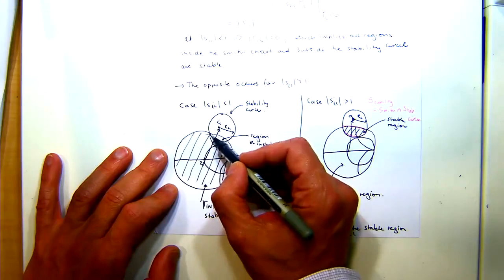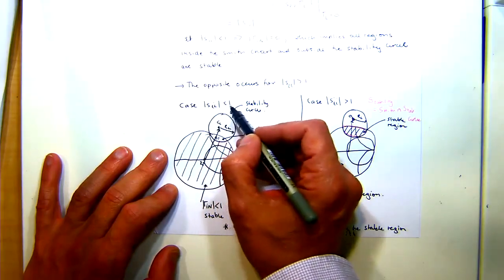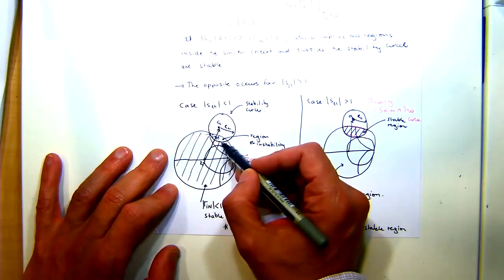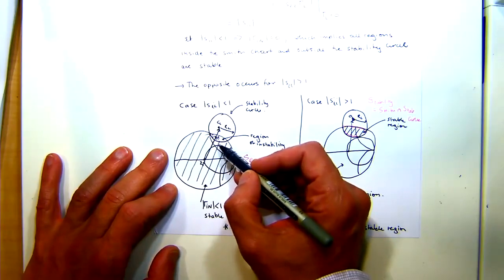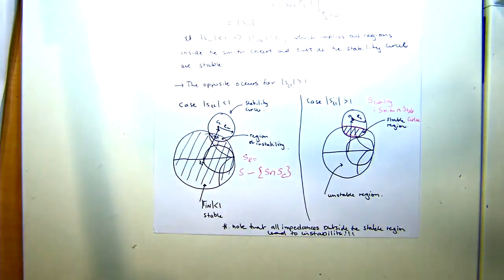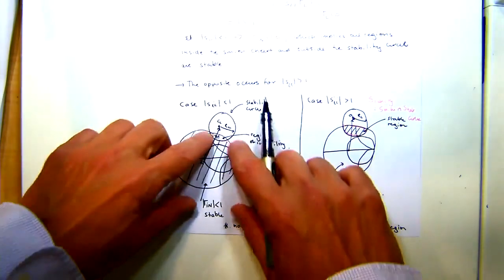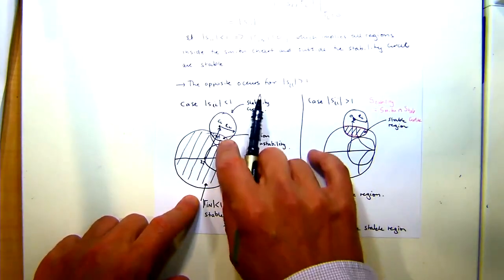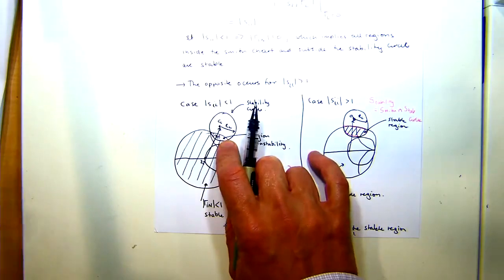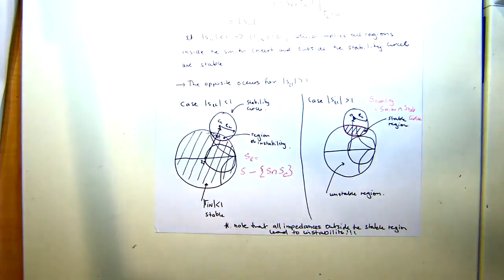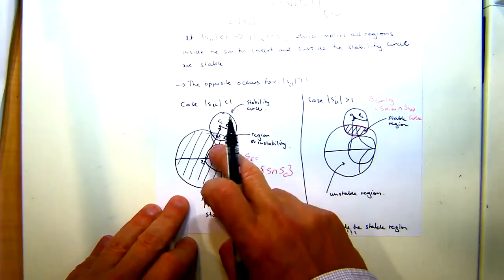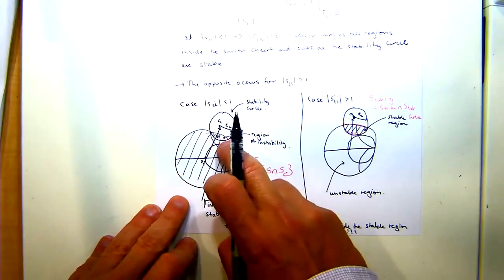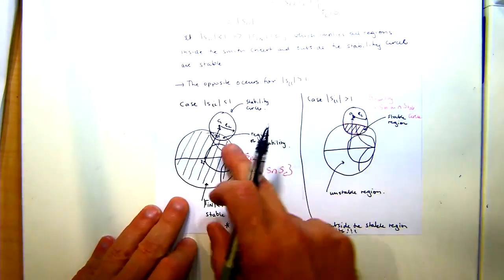So this region in here, if you've got S11 less than 1, is the region of instability. And I fumbled a little bit last time in describing the region of stability, which was the Smith chart minus this region, right? So you think of your universe being the Smith chart: anything outside the stability circle is stable, anything that intersects between the stability circle and the Smith chart is unstable.